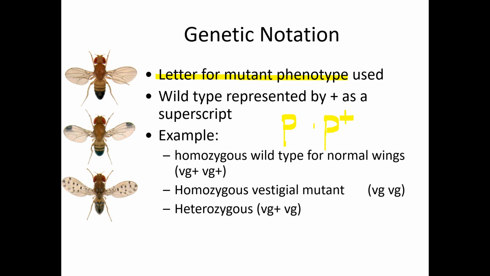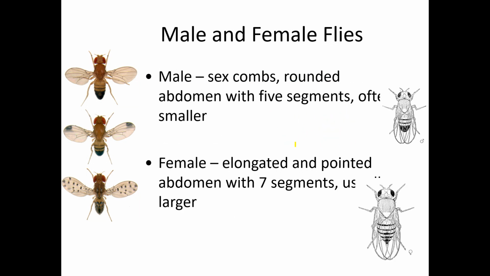Okay, so if we were doing this for the purple eye, you could have a homozygous purple, which would be two P's. You could have a homozygous wild type, which would be P plus P plus. Or you could have a heterozygote, which is P plus P. Okay, so this represents the wild type allele, and this represents the mutant allele.